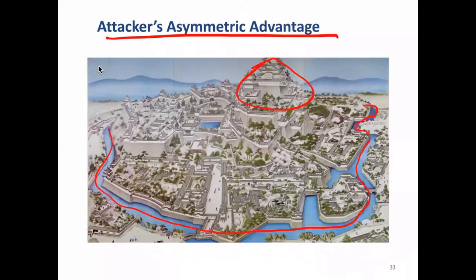Now where can this guy have protection? Only at some place like here can he put security guards or soldiers, whereas a thief can enter from anywhere. So who is at advantage? The attacker is always at an advantage over the defender.